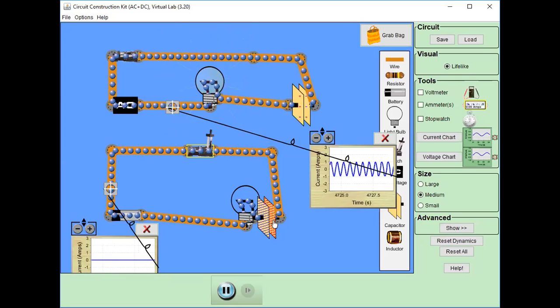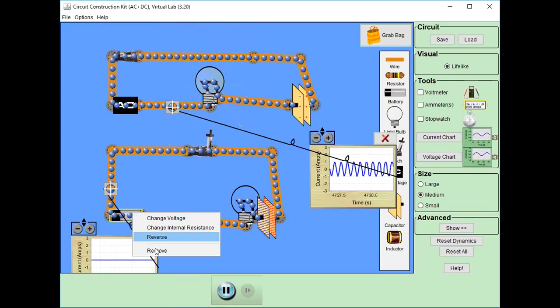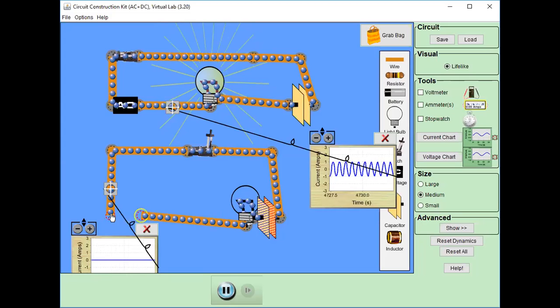Now I can use the capacitor as a power source. So I don't need a battery anymore. I can simply connect this and let the current flow through it. So I will remove the battery and I'll connect it here. And I close the switch. Close, close, close.